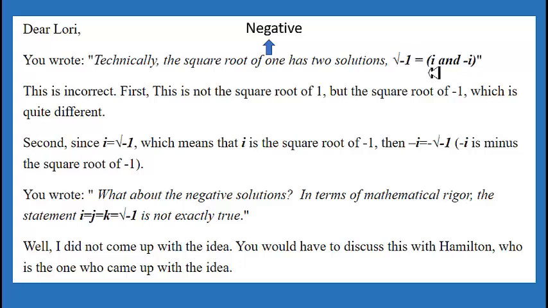So i times i is equal to -1, and -i times -i is equal to -1. Okay, so this is really what I'm objecting to.